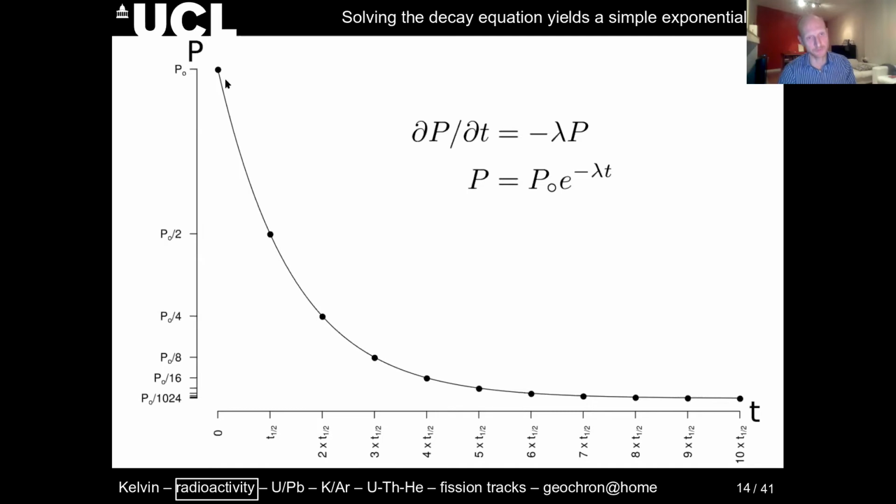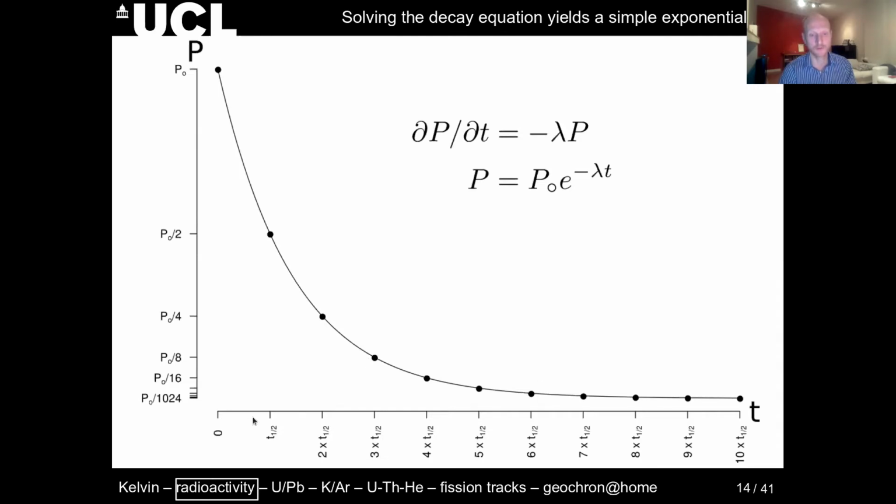Now, one characteristic property of exponential decay functions is that there is a characteristic timescale called the half-life that describes how long it takes for P0 to reduce to P0 divided by 2, and for P0 divided by 2 to reduce to P0 divided by 4, P0 divided by 4 to reduce to P0 divided by 8, and so forth.